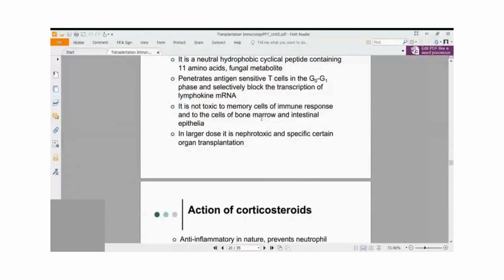And it is also given to patients who suffer from different types of T cell leukemias and B cell leukemias.